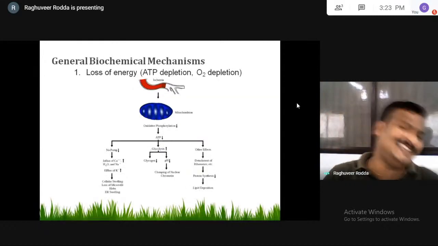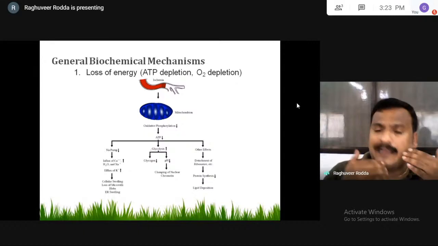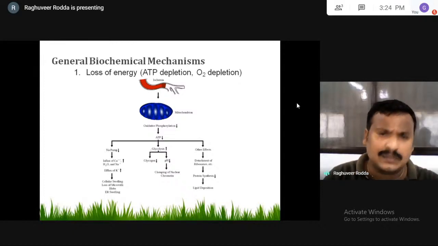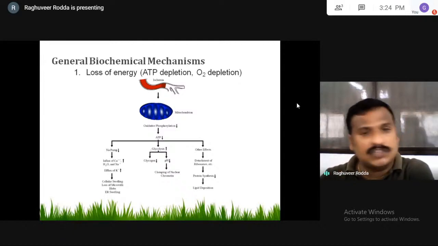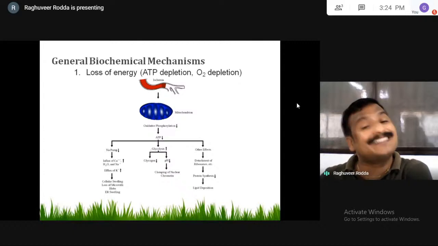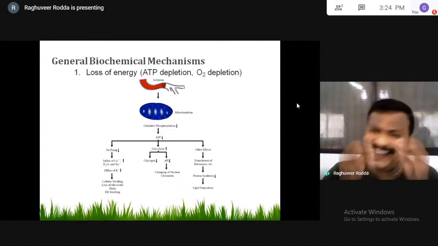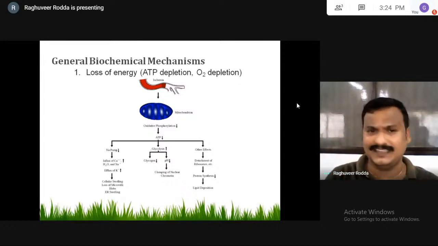What are the basic biochemical mechanisms? How do all eight types of causative agents or conditions approach a procedure to cause cell injury? The first and most important mechanism utilized by any injury-causing agent is loss of energy.